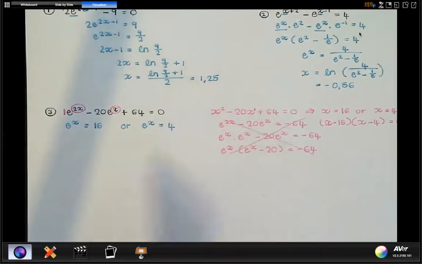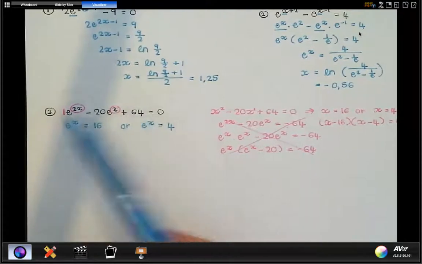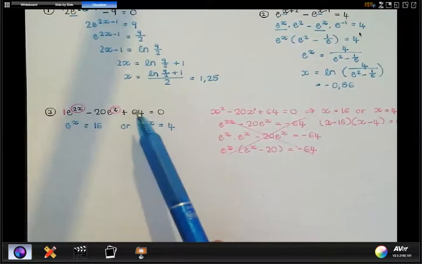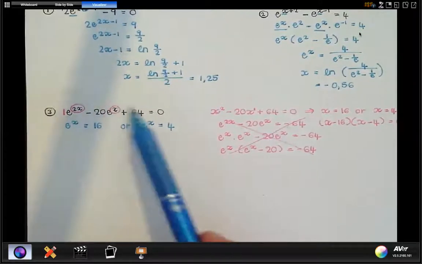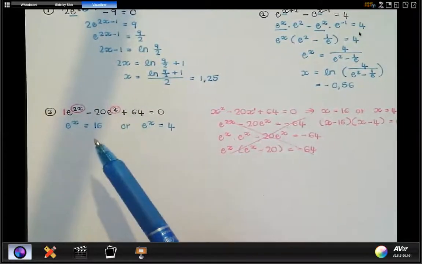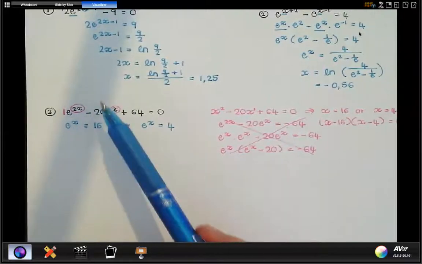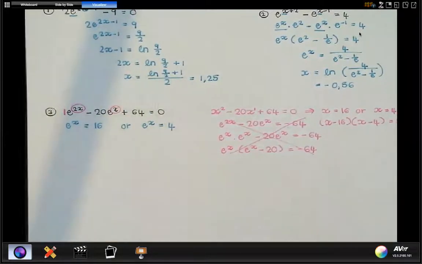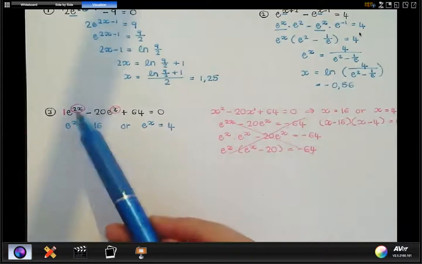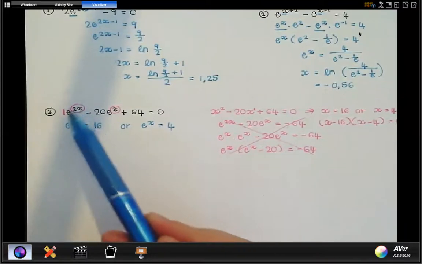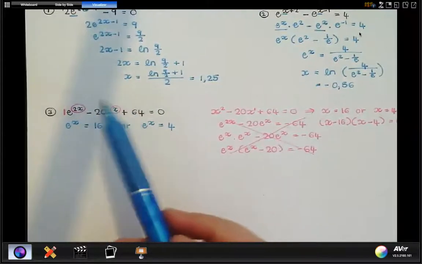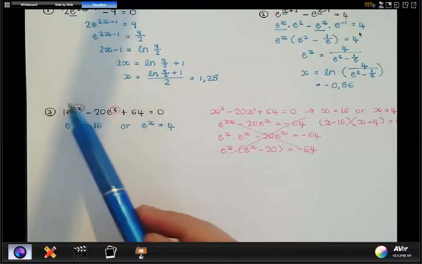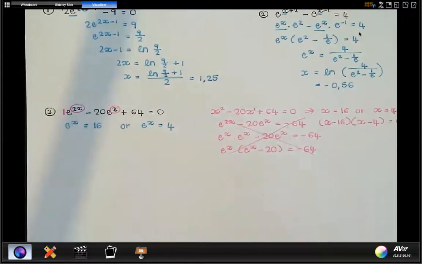You also had to identify that these terms were actually in the correct order, because they could try and trick you and put the x term in front and the 2x term in the middle, and you might make that mistake and just think that the first term is the A value, the second term is the B. It's not necessarily always like that. The variable or the number that has the exponent that is double the other one, the double exponent, needs to go first. That's always your first term.